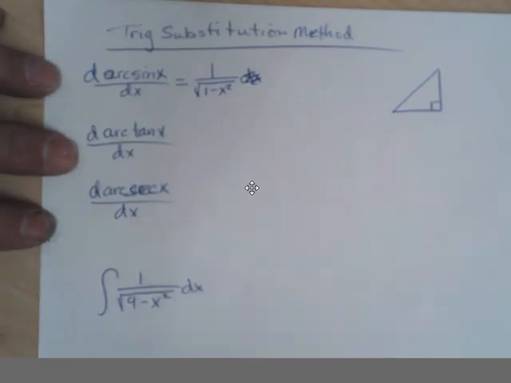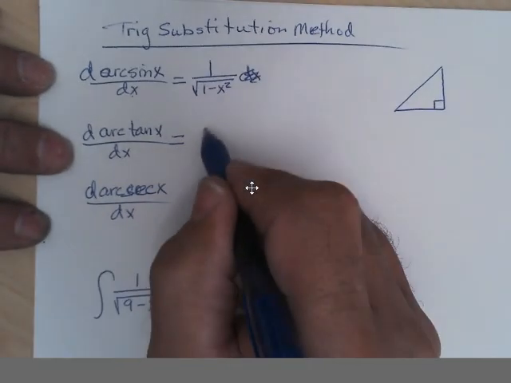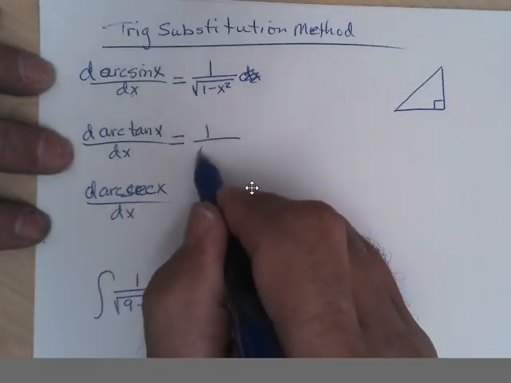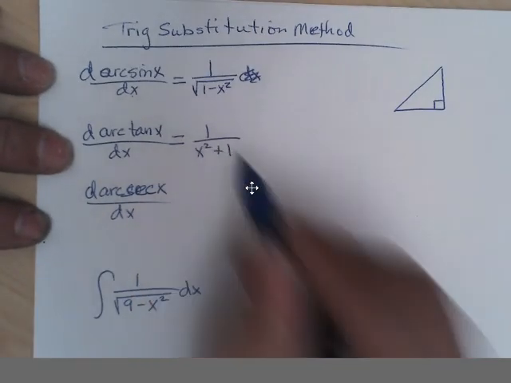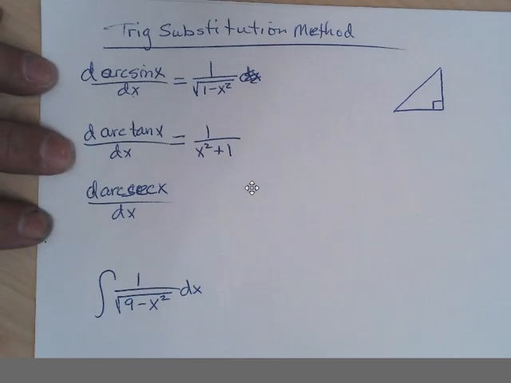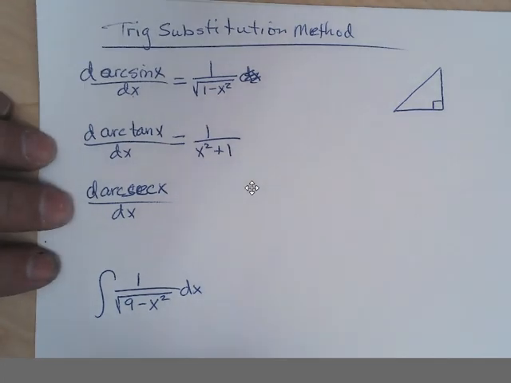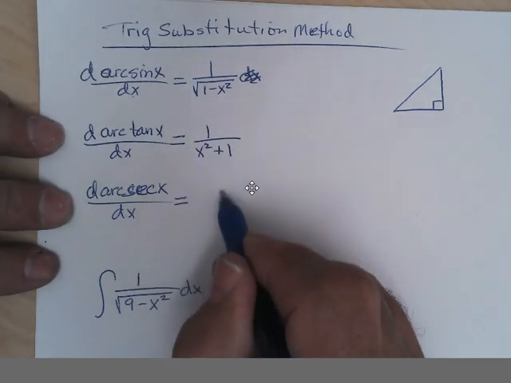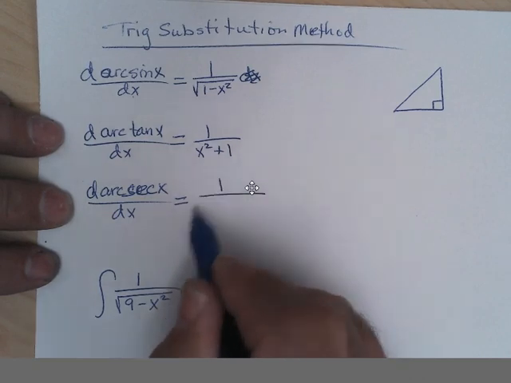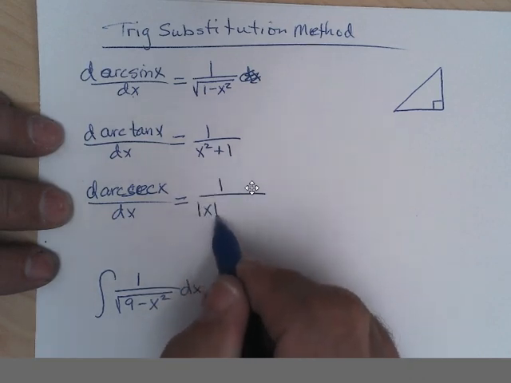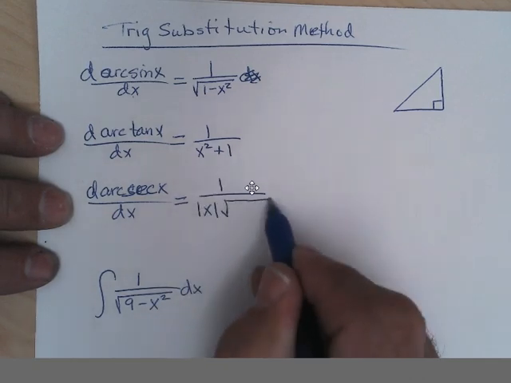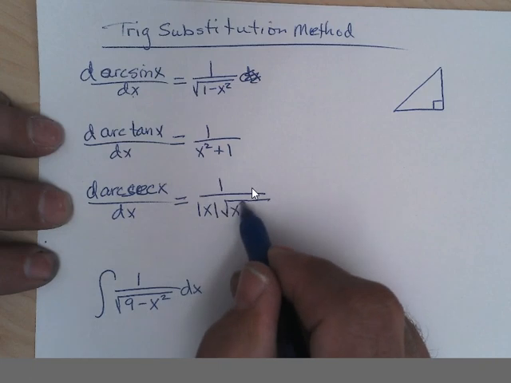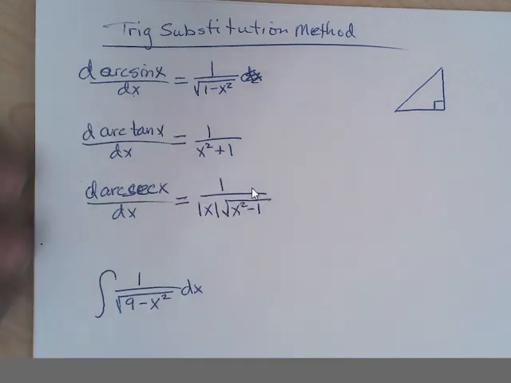What's the derivative of arctangent? That's 1 over x squared plus 1. And what's the derivative of arcsecant? That's 1 over the absolute value of x times the square root of x squared minus 1.